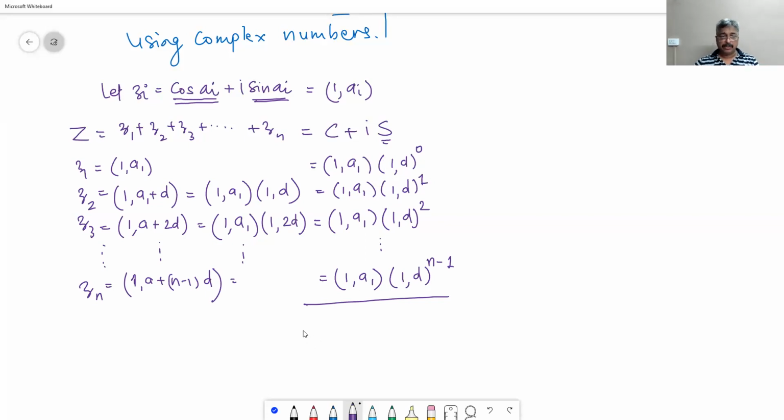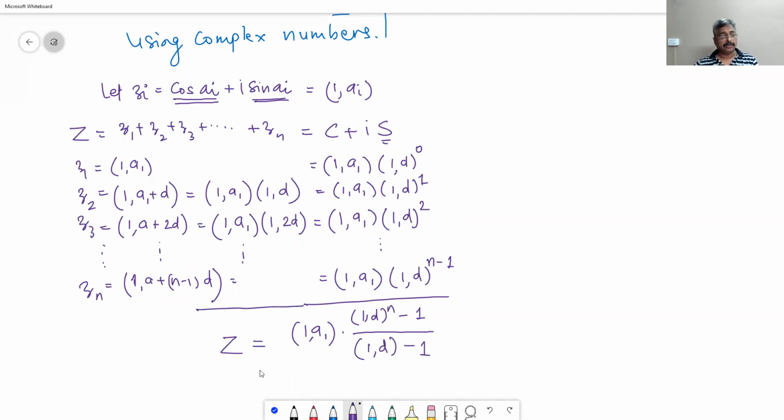Therefore the first term is (1, a1), r is (1, d), number of terms is n, so the sum is (1, a1) into r raised to n minus 1 divided by r minus 1. This is our z.